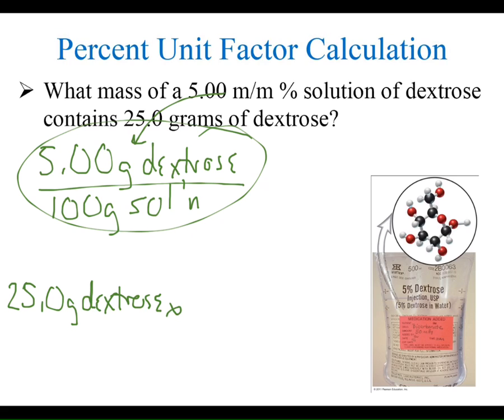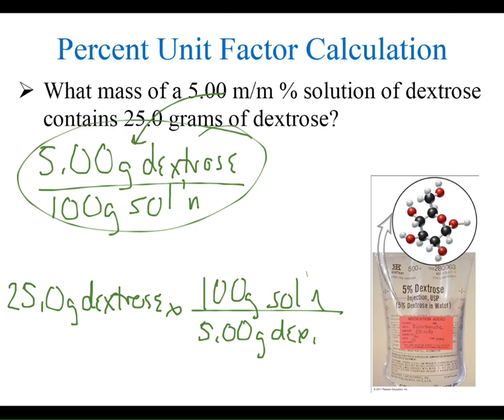So, 5.00 grams of dextrose and 100 grams of solution. That'll give me grams of solution, which is what I want. So there you go. So now you know. So it's like 500, right?